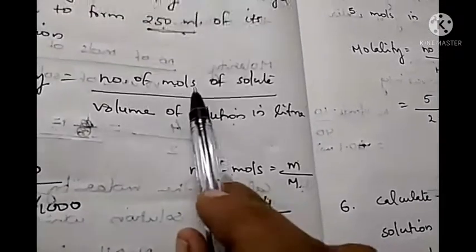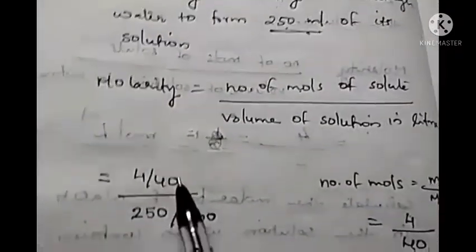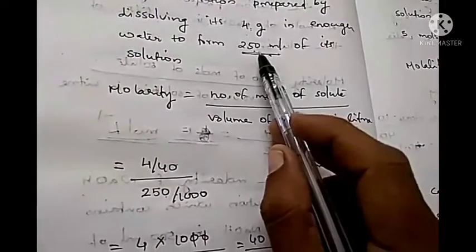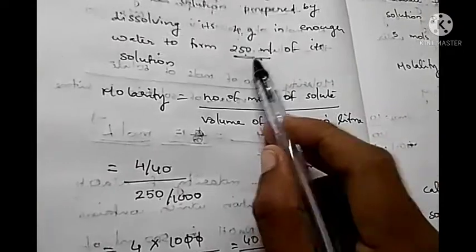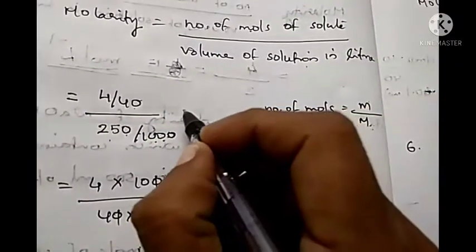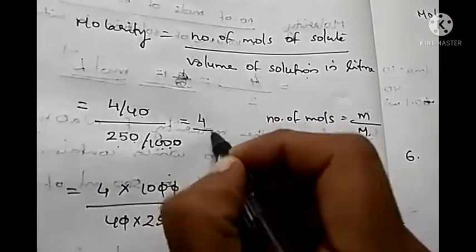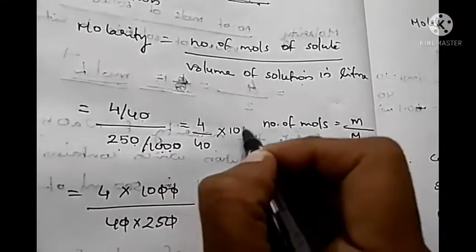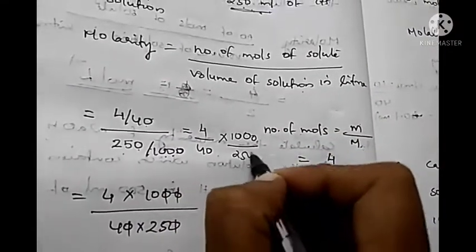That is the number of moles that we can substitute in this equation. So molarity is 4 divided by 40, divided by the volume of solution in liter. The volume given here is in milliliter, that is 250 milliliter. We have to convert it into liter. For that we divide by 1000. So 4 divided by 40 divided by 250 divided by 1000. When we simplify, we get 4 by 40 into 1000 divided by 250.